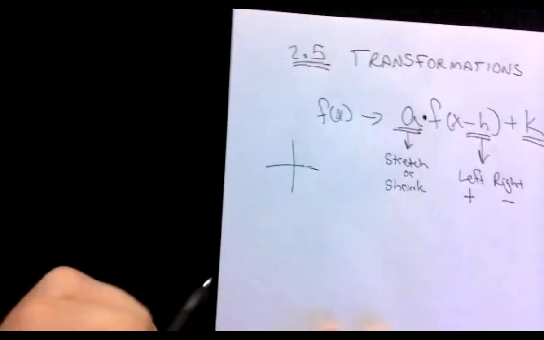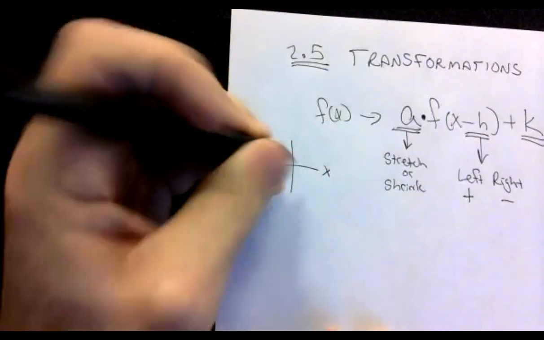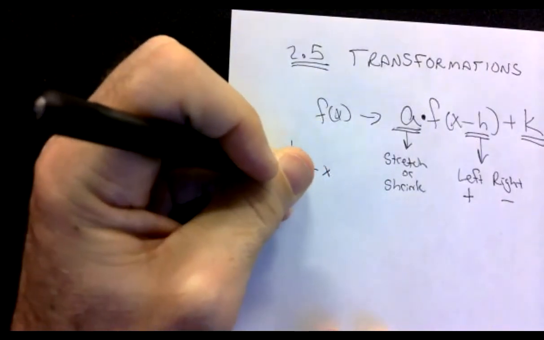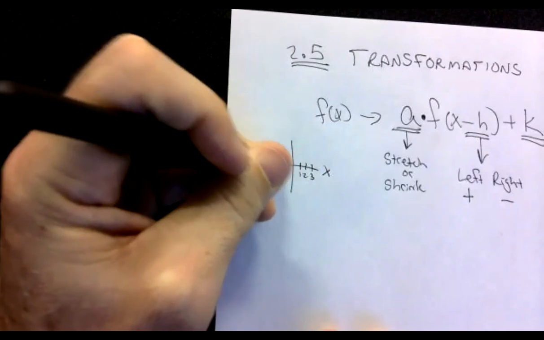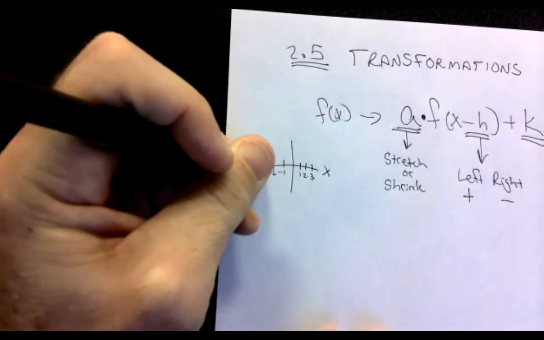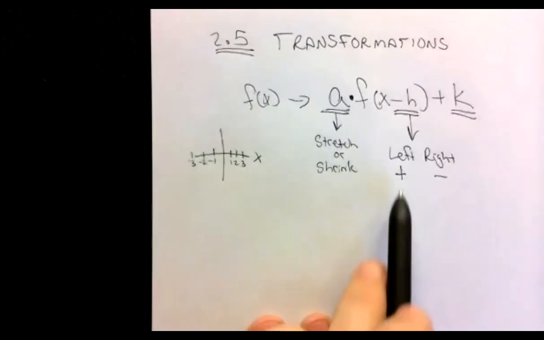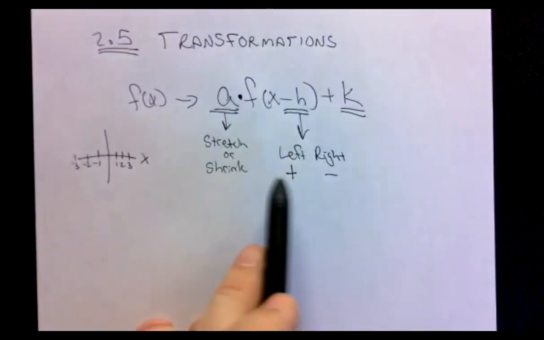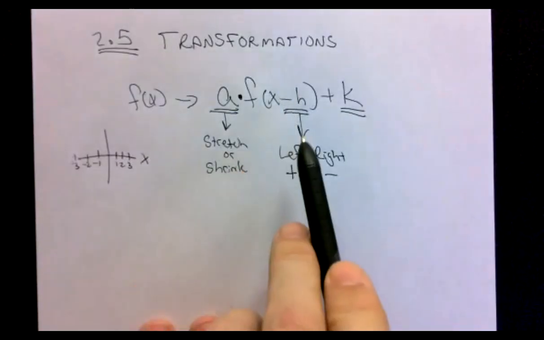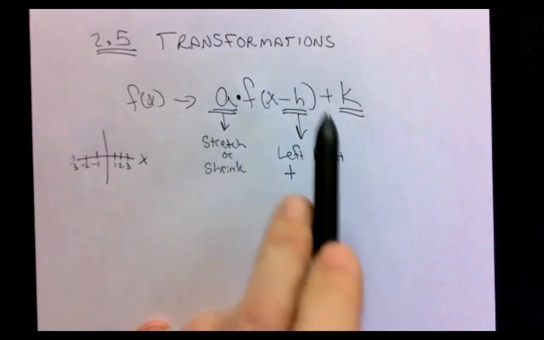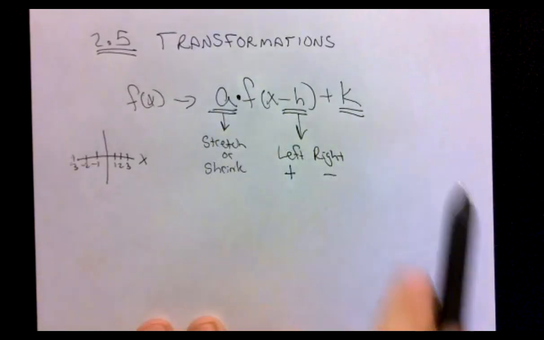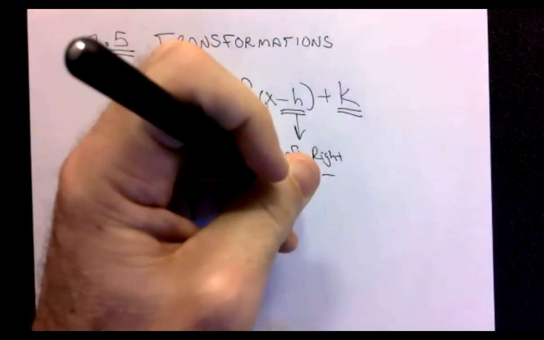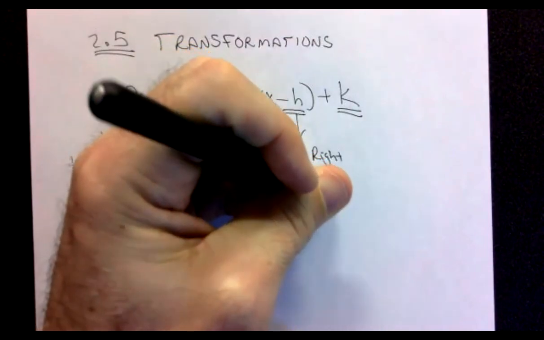On a traditional xy axis, your positive numbers are over here and your negative numbers are over here, so your shift left and right is actually backwards to that. A plus number will actually shift you left and a negative number will actually shift you to the right. So this one's kind of backwards to what you would think.